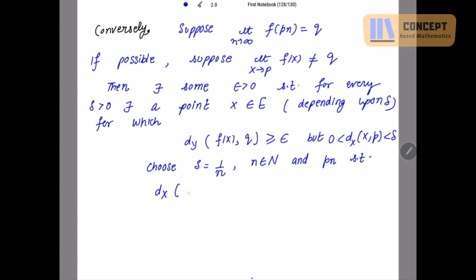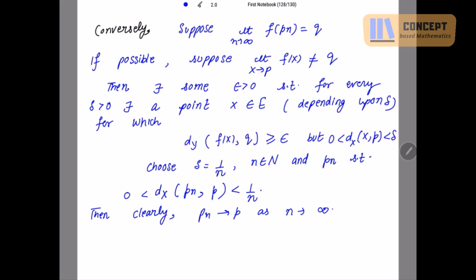That means the distance between points in X. I take Pn with P, and my delta is 1 by n. Then clearly, if I take limit n to infinity, Pn will tend to P as n tends to infinity.